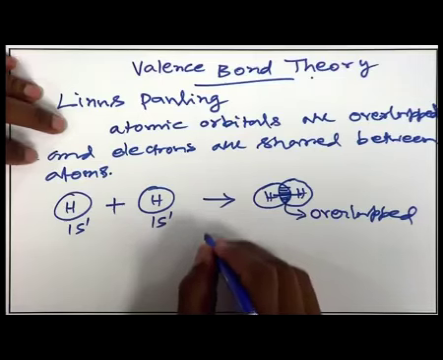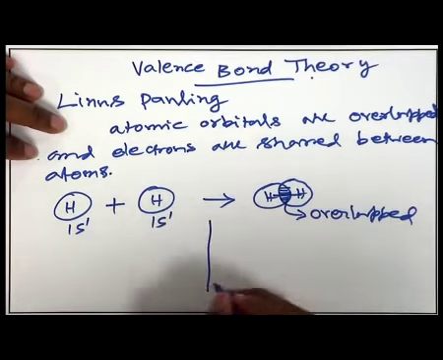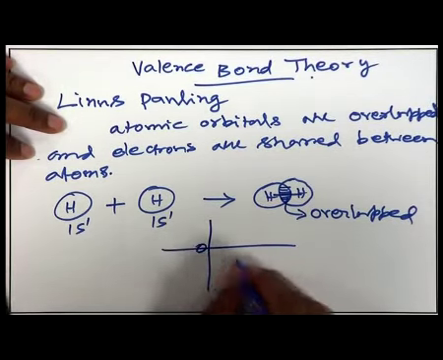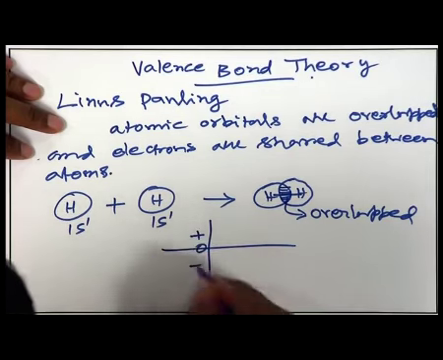As they get closer and closer, they start interacting with each other, and then the energy decreases and reaches a minimum value, at which the energy is the lowest and the bond is formed, which is described by this potential energy diagram. Energy here is 0, this side is positive energy, and this side is negative energy.